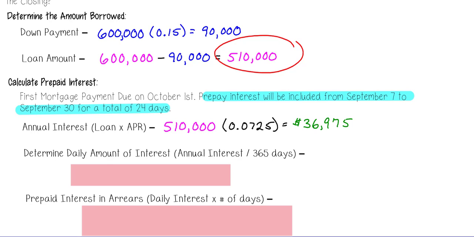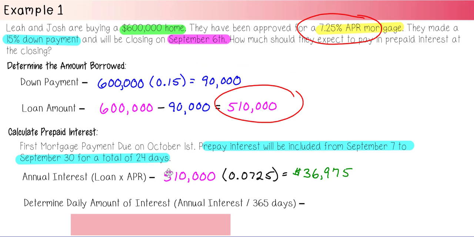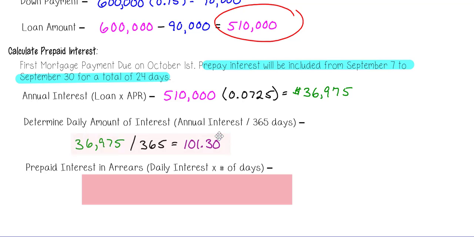In the year there are 365 days, so the daily amount of interest would be $36,975 divided by 365. So daily they pay an interest of $101.30. Now we need to look back at what we are prepaying.